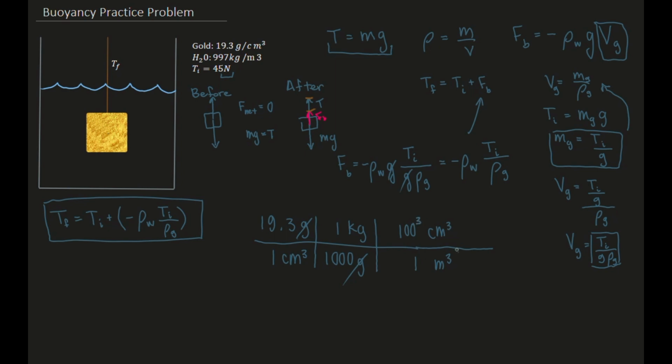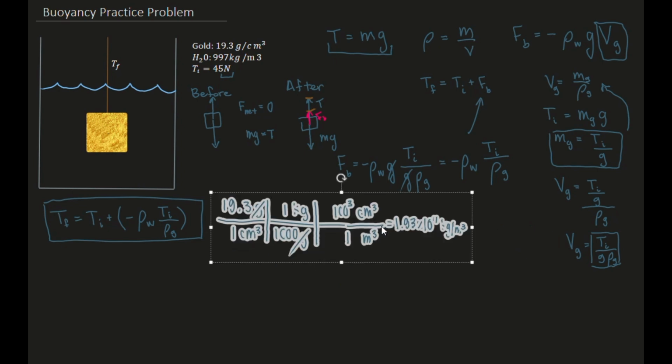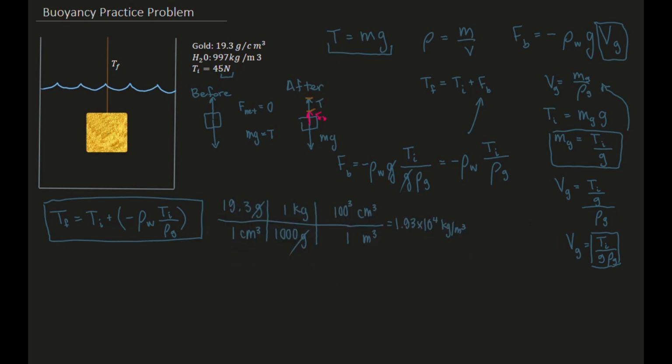It's important to do that, otherwise your unit conversion is going to go off. This is just because it's raised to the 3rd power. And when I calculate this, I get 1.93 times 10 to the 4 kilograms per meters cubed. Now that these are the same units, I can plug everything in and calculate what this final tension is going to be.